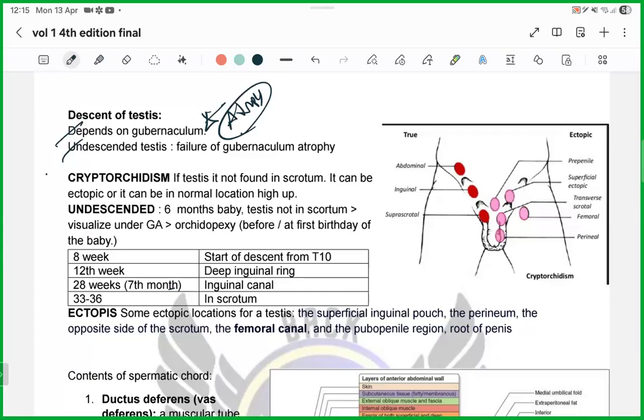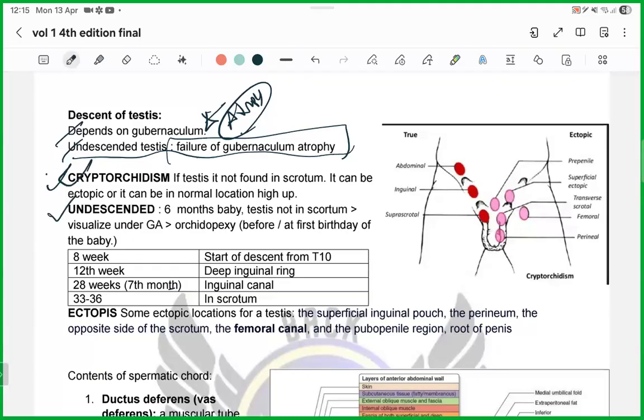I am telling you again, this is not an anatomy standard statement, but this is the statement they give in the exam. So remember it: undescended testis will be due to gubernaculum atrophy. I'm not writing a textbook. I'm writing a book so you can get your question correct in your exam.